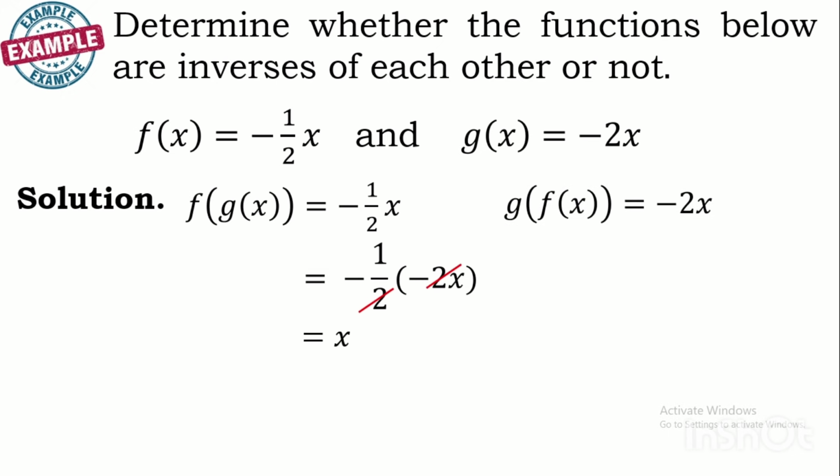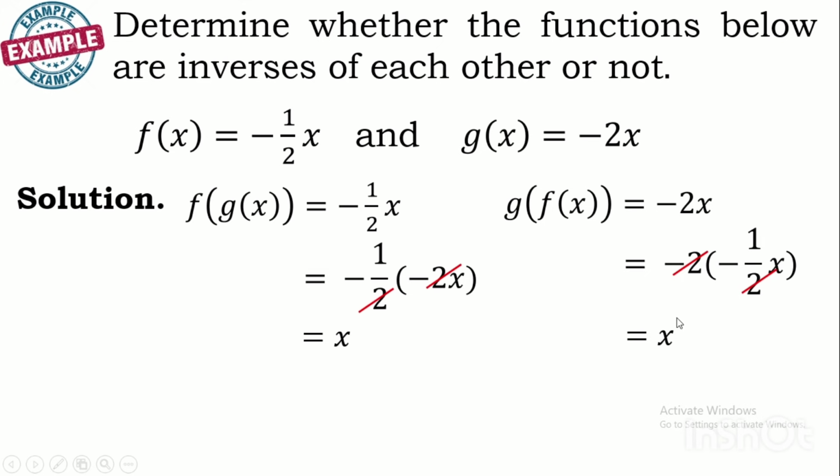Sa kabila naman, yung x naman ng g, papalitan natin ng value ng f of x, which is negative 1 half x. So, maka-cancel si positive 2, so negative times negative, that is positive x.